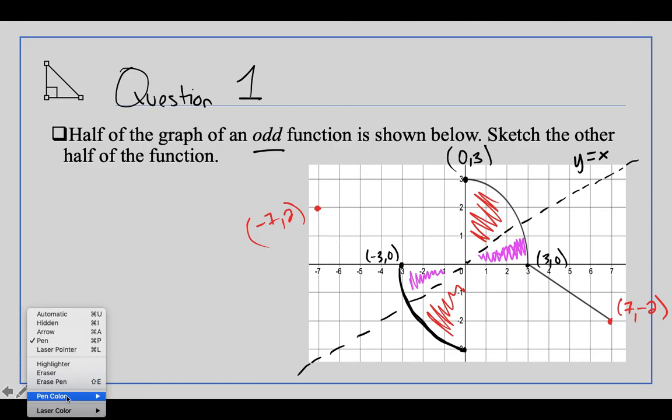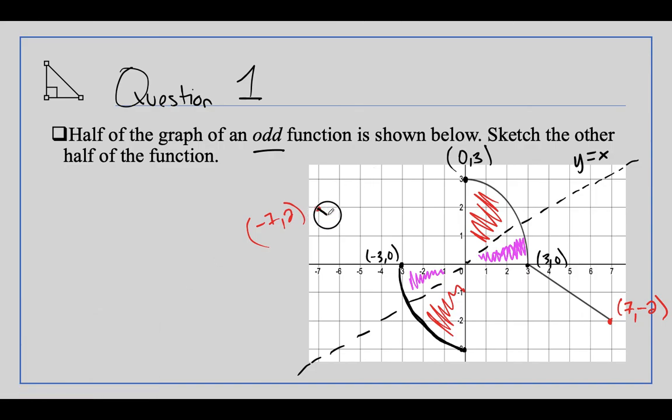Let me go back to black. Perfect. I love it. Okay, excellent. So conceptually, it can definitely be tough to sketch these, but you can do it. And if you're not sure, take it in pieces. All right, excellent.